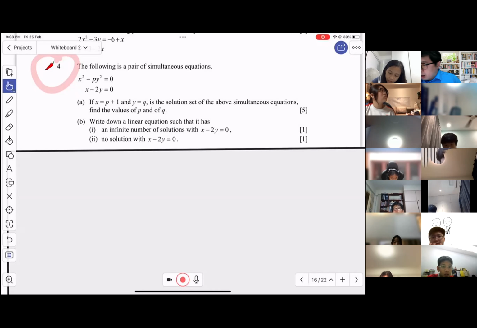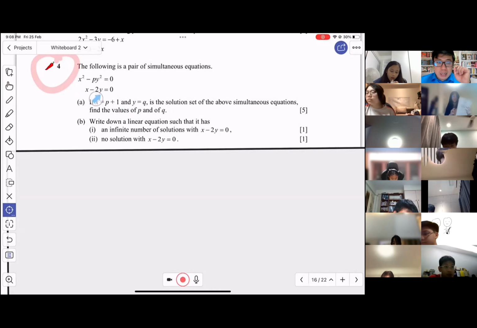Okay. So if x equals p plus 1 and y equals q is the solution set of the above simultaneous equations, it means that they satisfy these equations.